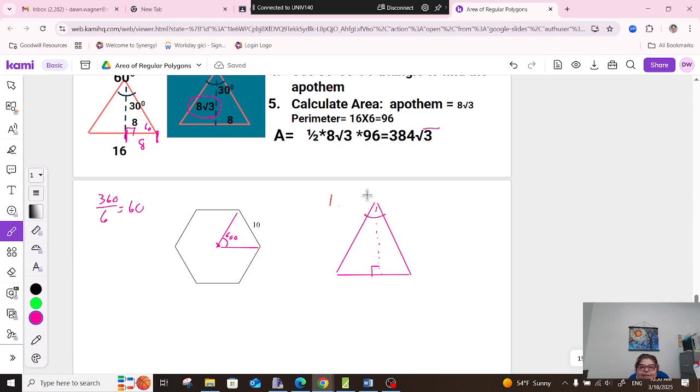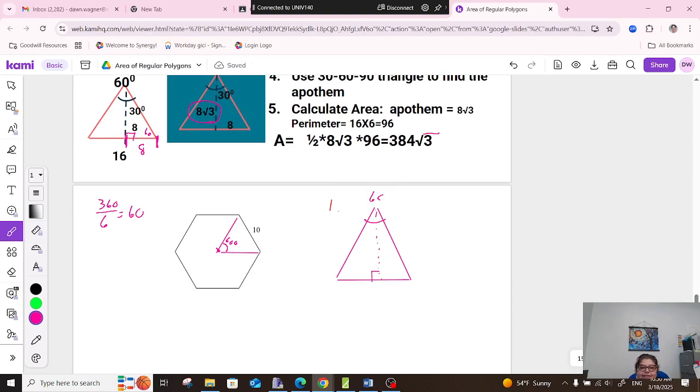So if this is 60 degrees and I cut the triangle in half, what's this angle right here? 30, right? And if this whole side is 10, what's from here to here? 5. So across from the 30 is 5. Across from the 60 would be a square root 3.